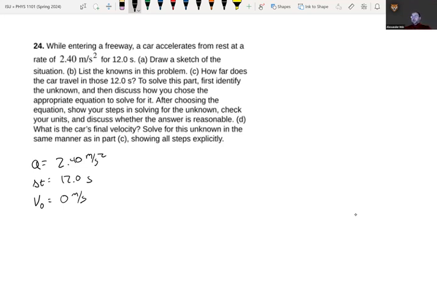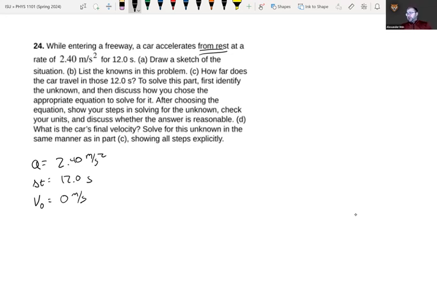If you were hit by this falling object, it doesn't want to know how fast it's going after it's hit you and stopped. It wants to know how fast it was going right when it hit you. So be careful with making that assumption. But typically when it says it starts from rest, that's a good indication that its initial velocity is 0.